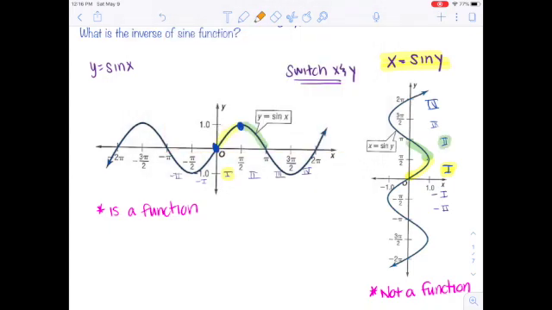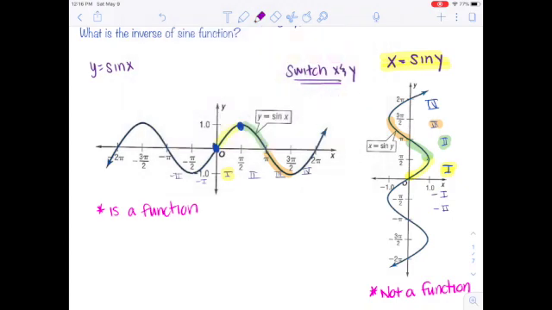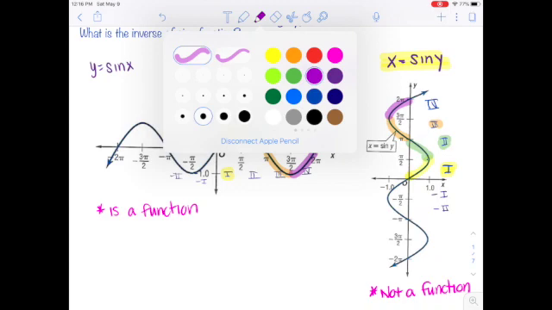I called that quadrant 2. You can continue this, and let's go orange, from pi to 3 pi over 2. You can see that over here, I called it quadrant 3. And quadrant 4, let's go purple, is from 3 pi over 2 to 2 pi. And it just keeps repeating itself.